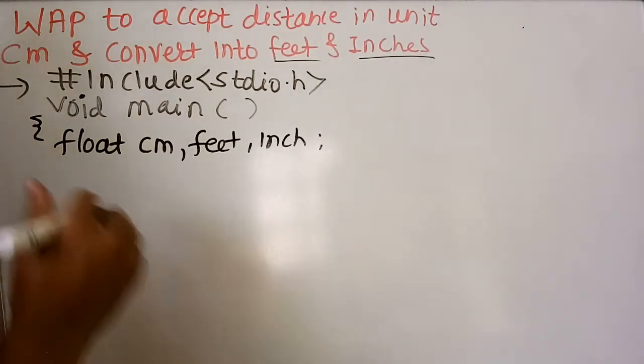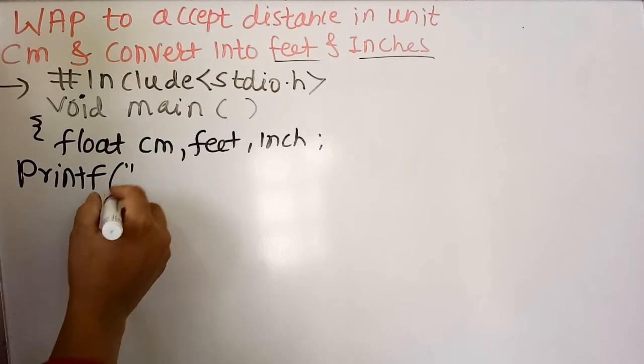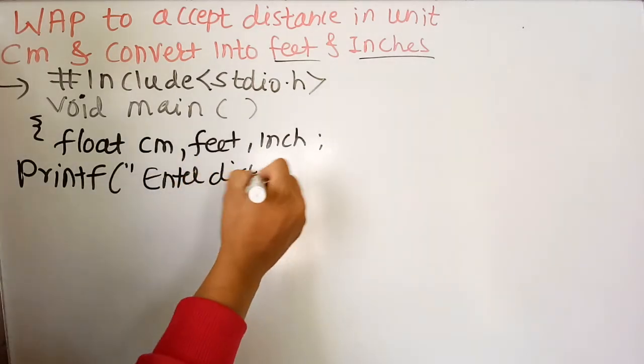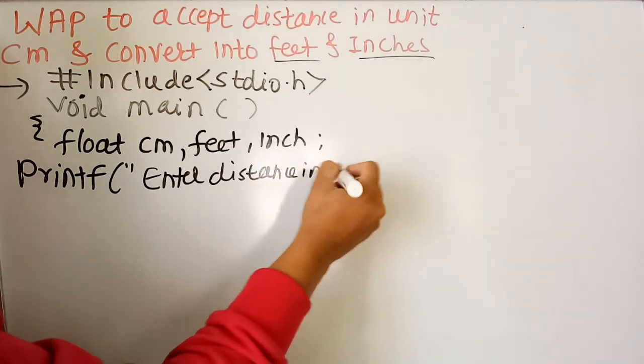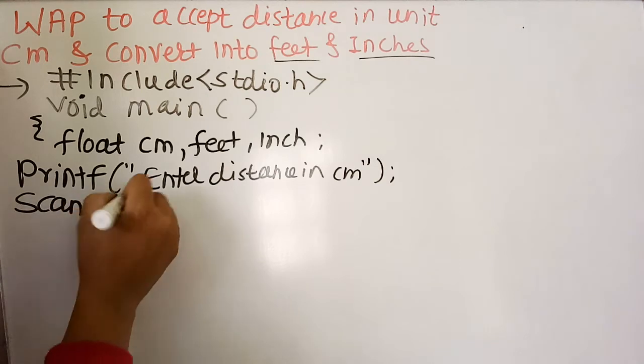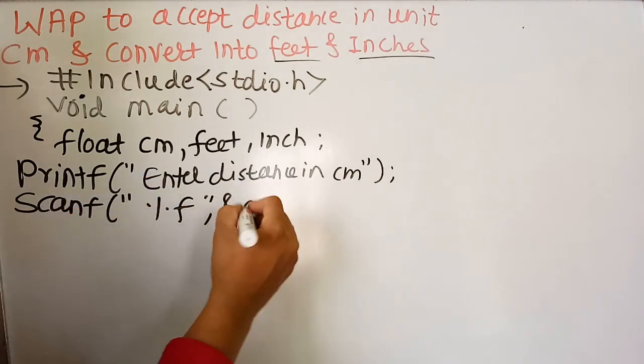Now we will ask the user to enter a distance in centimeter. That is, enter distance in centimeter. So we will accept this value, that is scanf %f ampersand centimeter.